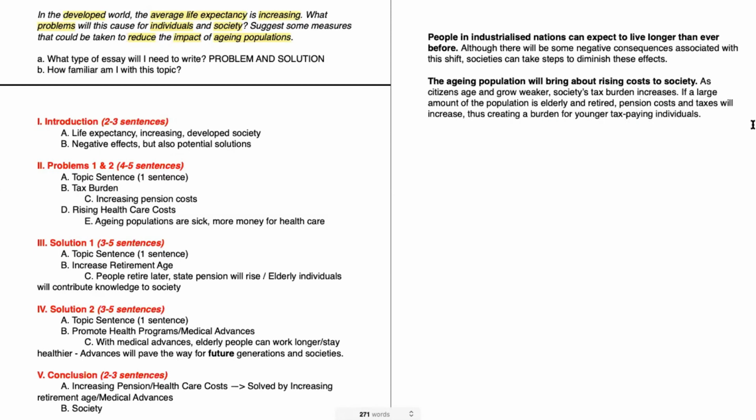So you see what I've done. This sentence right here is an example of the tax burden, okay? So it relates back to the tax burden. It also talks about increasing pension costs. I've also used a nice connector here, thus, which talks about results.